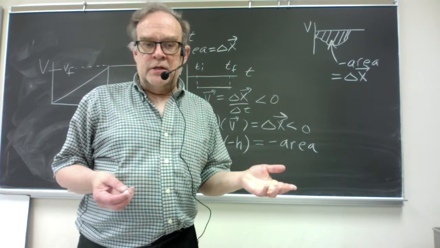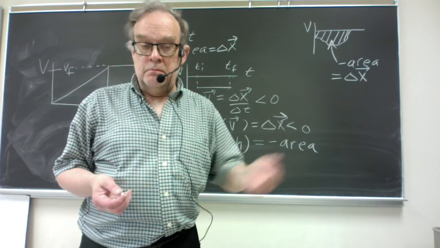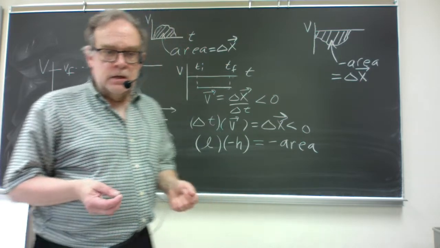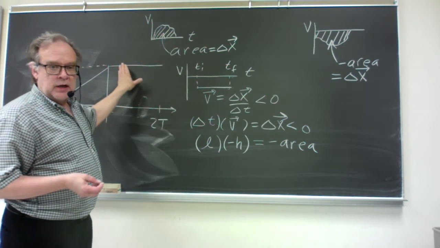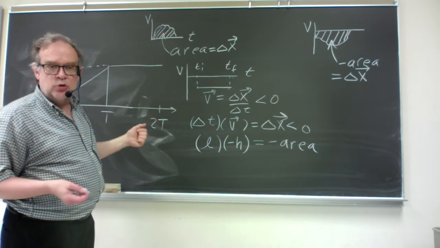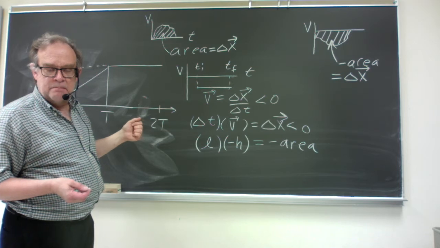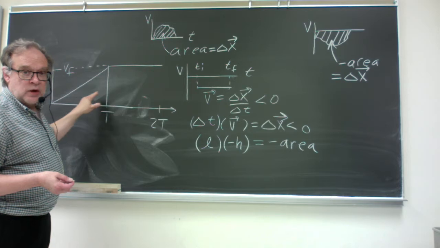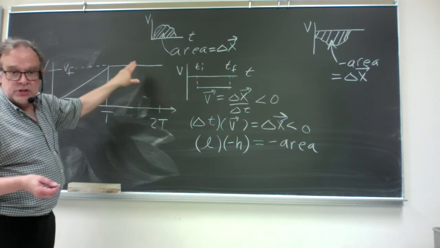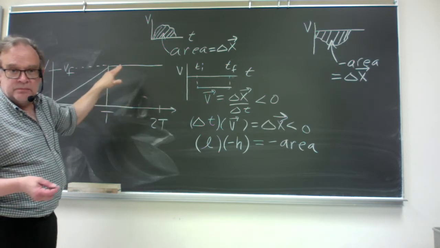We can figure out that displacement by using the area rule. It's a positive velocity, so the area between the velocity line and the time axis is simply equal to the positive displacement. And in this case, the area is the area of a triangle plus the area of this rectangle.